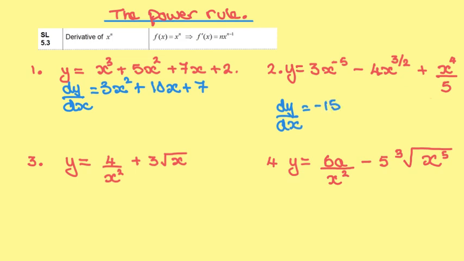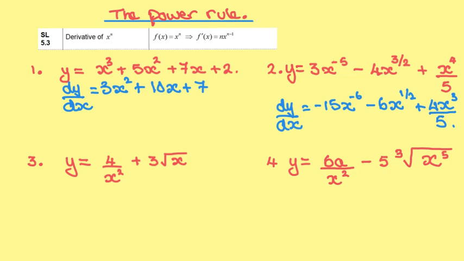Minus 5 take away another one is minus 6. 3 over 2 is 1.5, so 1.5 times minus 4 is minus 6. 1.5 take away 1 is a half, and then 4 times x to the power of 3 all over 5.